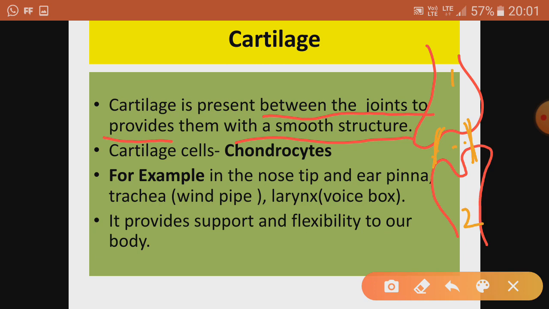We have got cushioning material in the form of cartilage. Cartilage cells are called chondrocytes, as in case of bones we have got osteocytes.